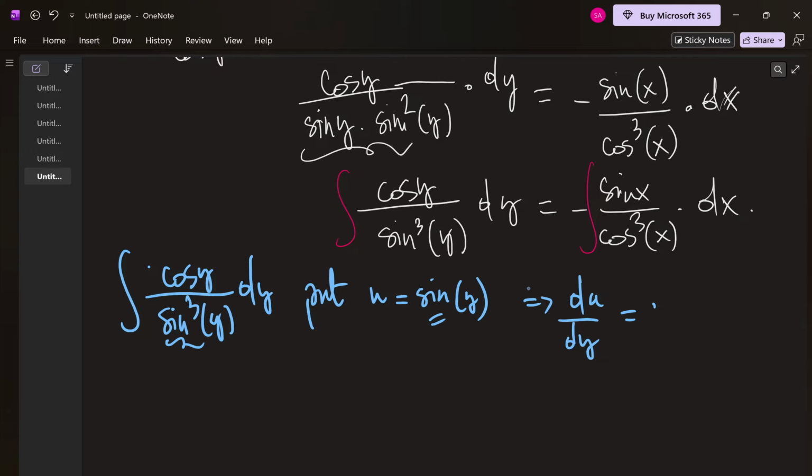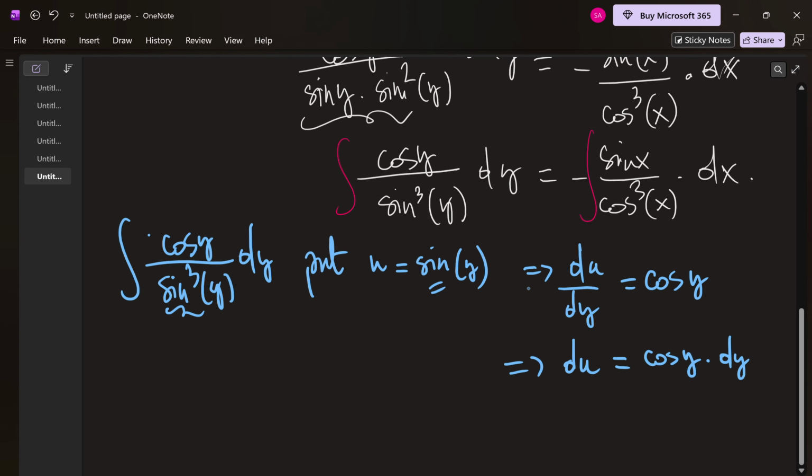It is cosine y. So du is equal to cos y times dy.